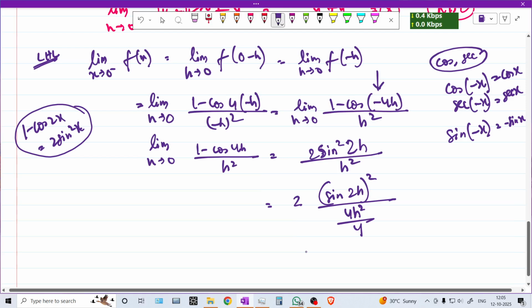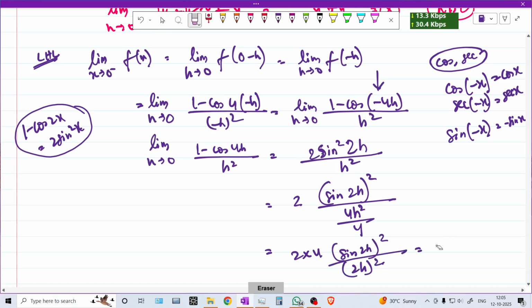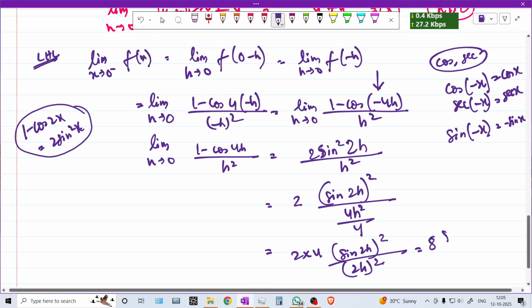This can be simplified again: 2 into 4, sine 2h whole square by 2h whole square. Now this can be written as 8 times (sine 2h by 2h) whole square.